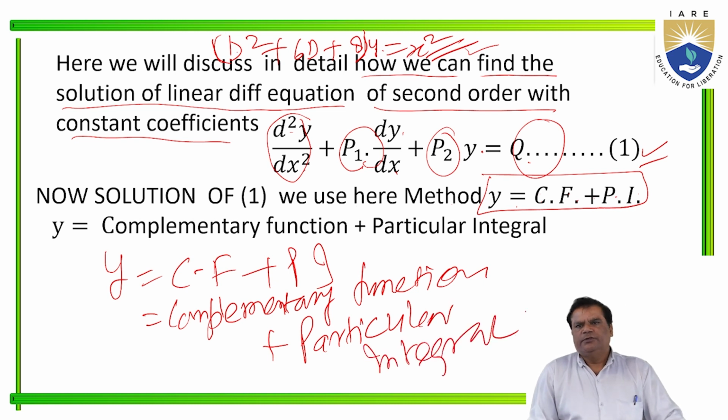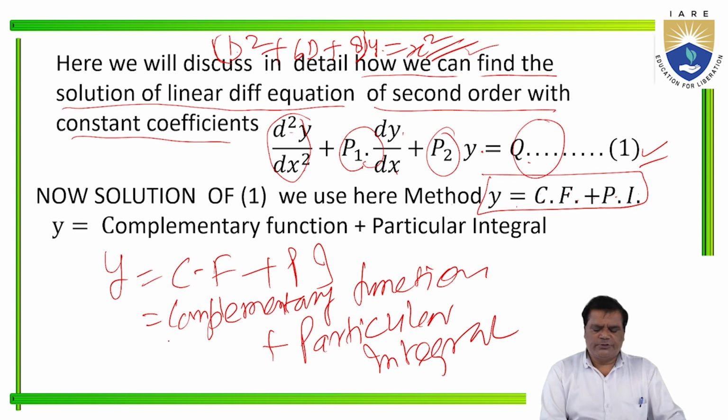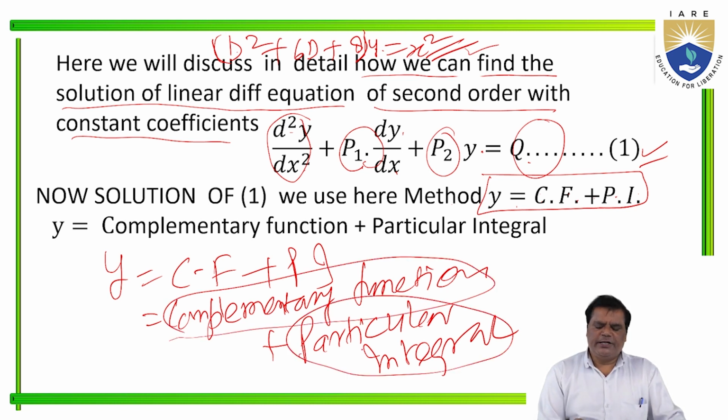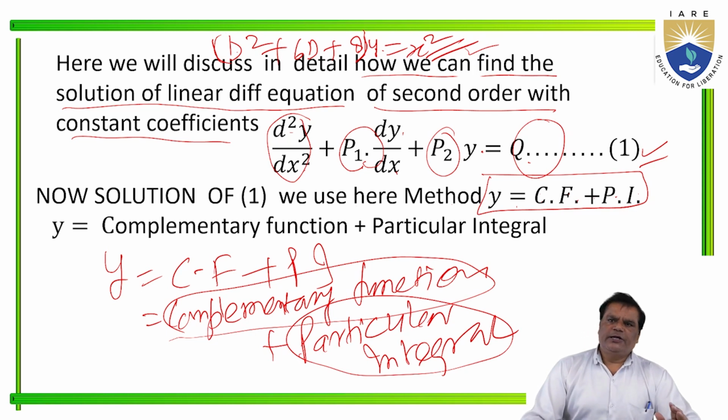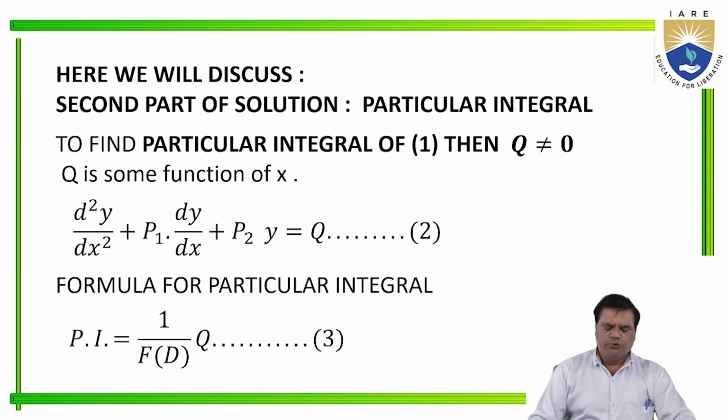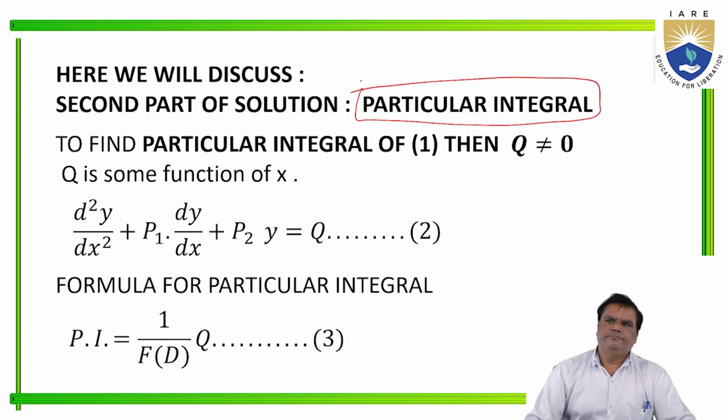We have already discussed the complementary function. Now we want to discuss our particular integral. This video is focused on particular integral. We find pi for every function case. So here we will discuss the second part of the solution, that is the particular integral of a linear differential equation with constant coefficient.